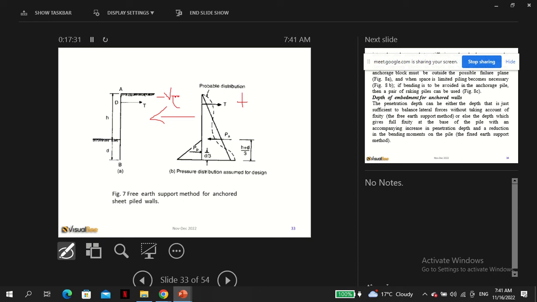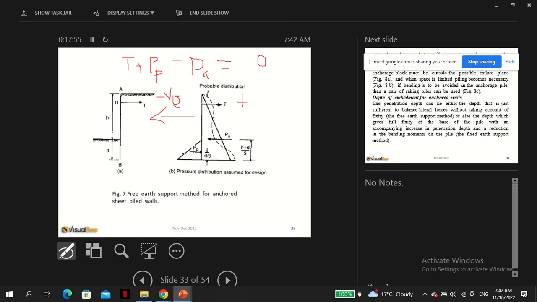So if that is the case, then we say T plus PP minus PA should be 0.